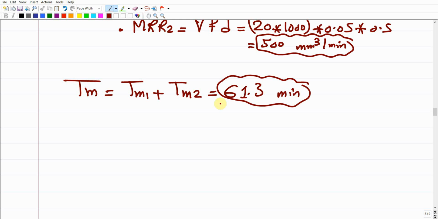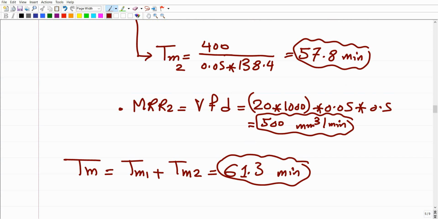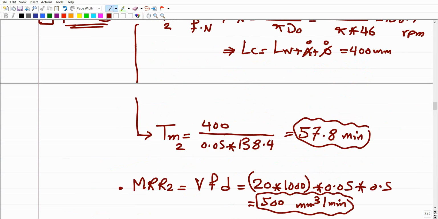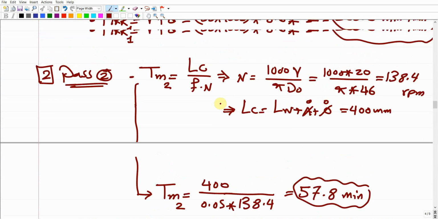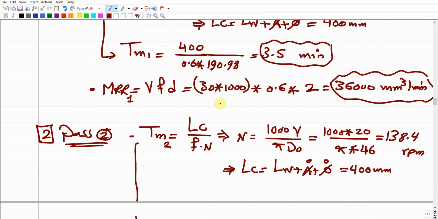But what should be the total meter removal rate? Is it the sum of MRR1 and MRR2? No, the meter removal rate cannot be added or summed together. Why? Because it is a rate, and this rate will be different.